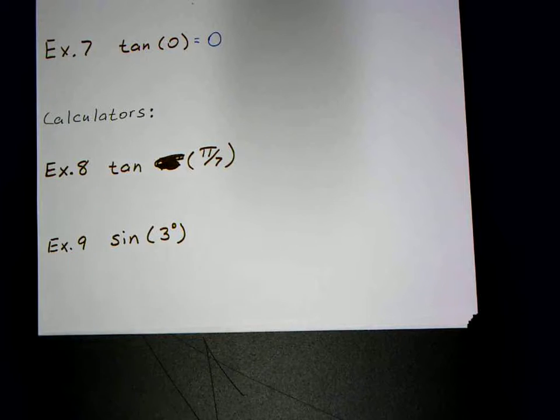All right, basically from here on out, you have to be very, very careful, because I'm going to switch things up constantly. I'm going to ask you to take trig in radians and in degrees. And wherever you use your calculator, you're going to have to switch back and forth, and you're going to have to remember which one you're in.